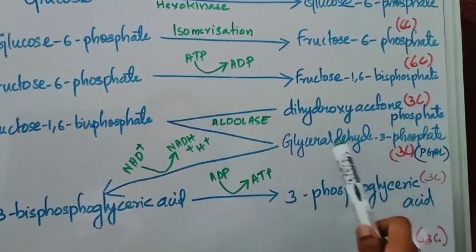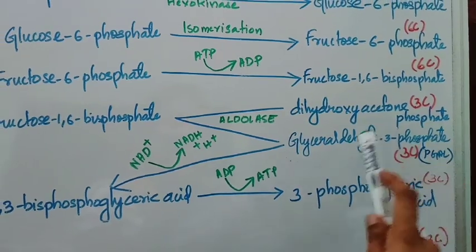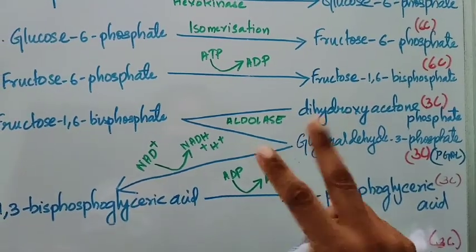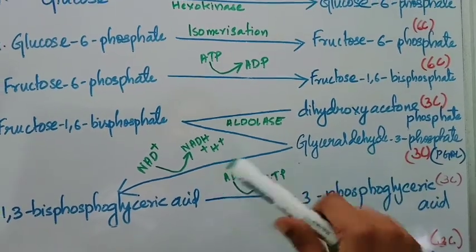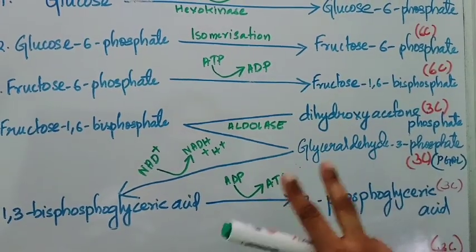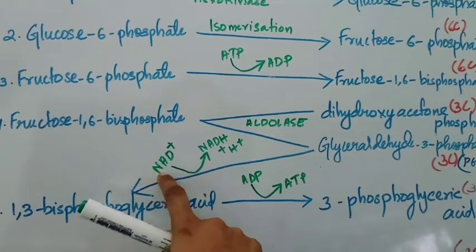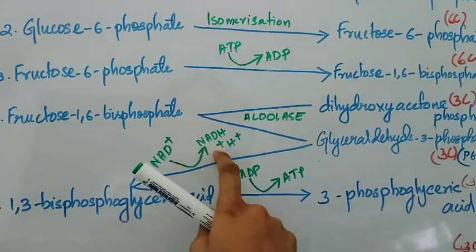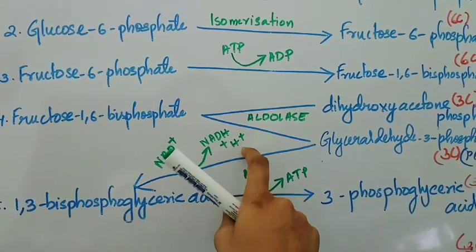Now each molecule of glyceraldehyde will lose 2 hydrogen atoms, as a redox potential equivalent. Who receives those 2 hydrogen atoms? NAD plus molecules will receive the 2 hydrogen atoms and become NADH plus H plus.